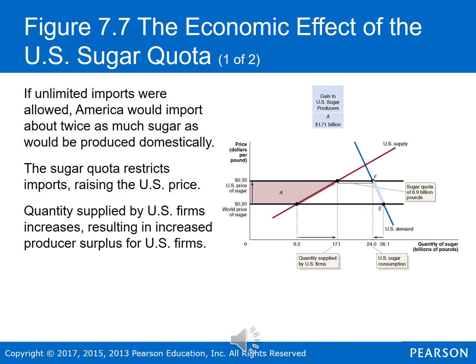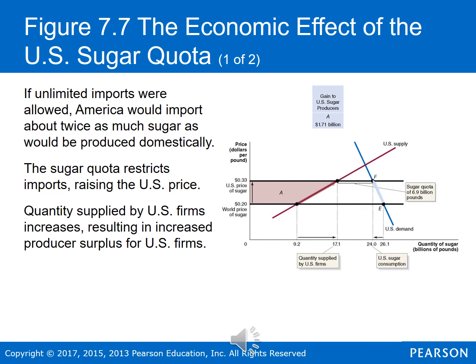Where 20 cents hits the supply curve, that's 9.2 billion pounds of sugar produced by U.S. firms. But U.S. consumers would consume 26.1 billion pounds of sugar, because they'll import the rest from other places outside the country.